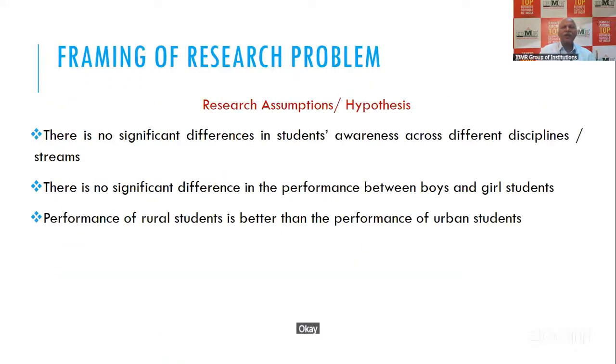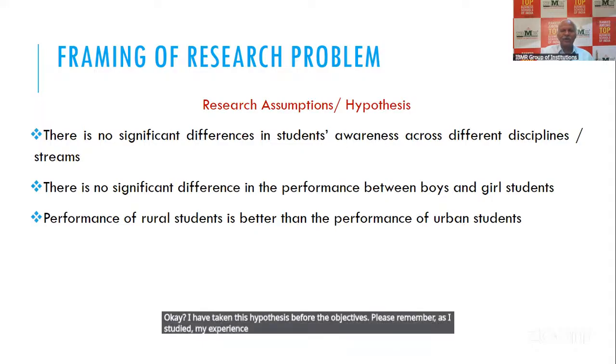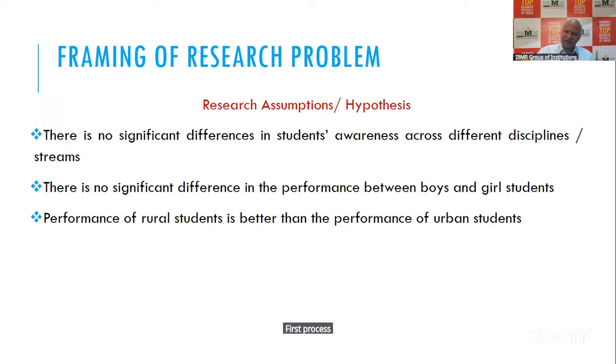Okay, next. Now here, research assumptions and hypothesis. I have taken these hypotheses before the objectives. Please remember, as I have studied, my experience goes, the process of arriving at research objectives goes like this. First process, based on the research topic, raising research questions and issues. The second stage, preparing a statement of research problem.